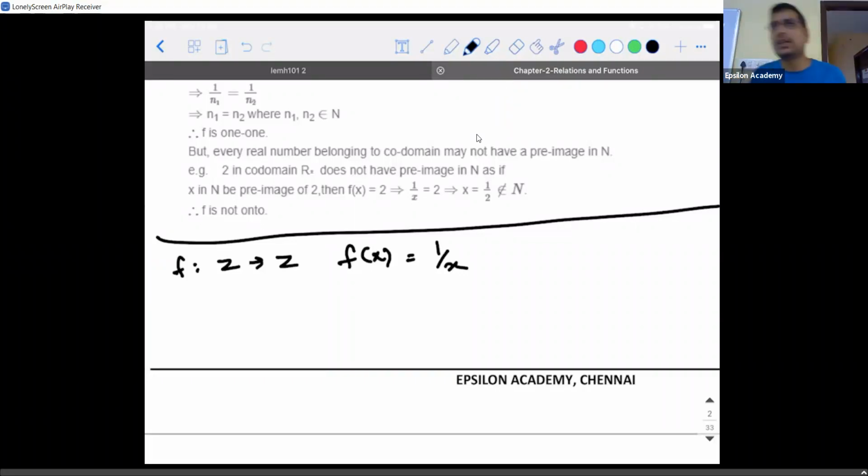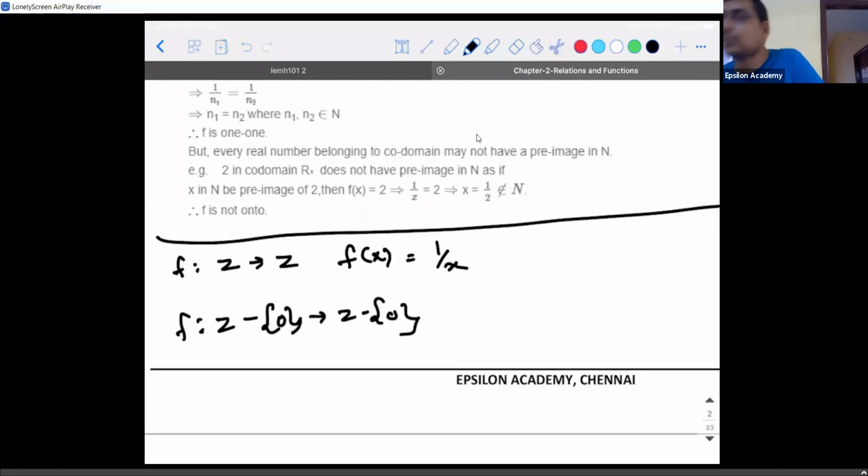I am changing the question like this. Is it correct? So what do I mean by writing like this? I give the input as an integer. The output also will come out as an integer except 0. That is what you are trying to say.